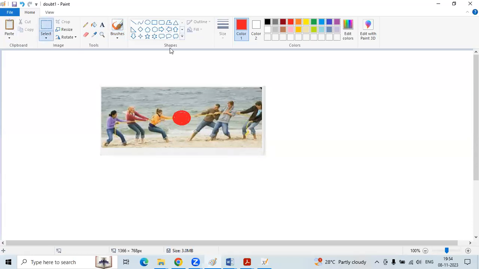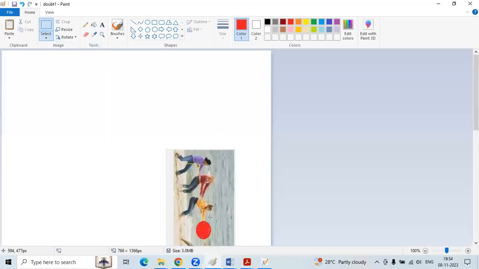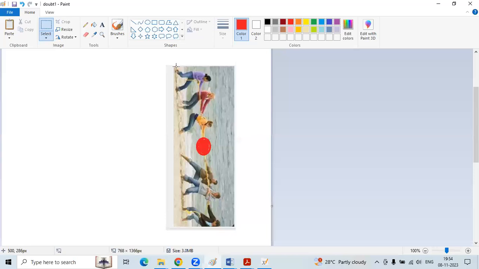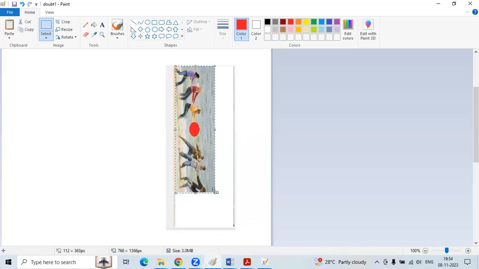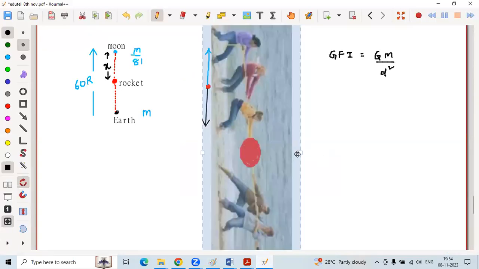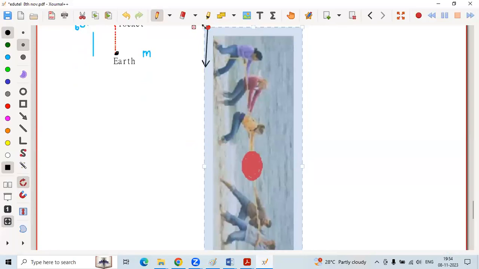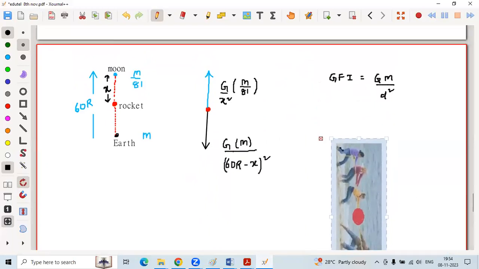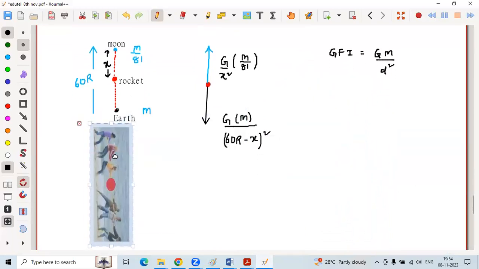Right. So let me correlate this. Look, does this look similar?